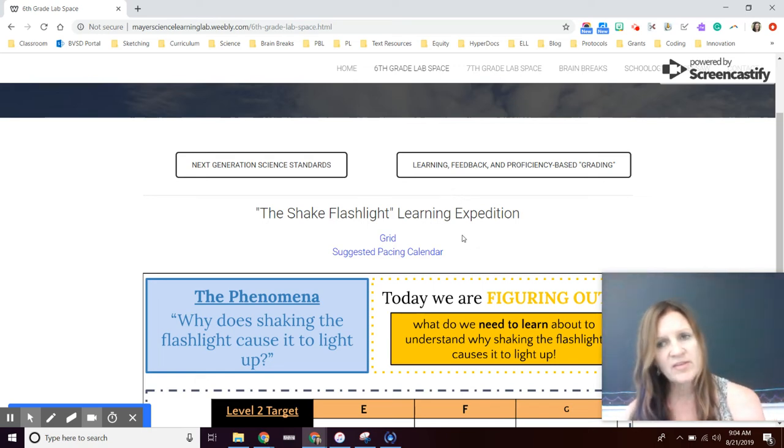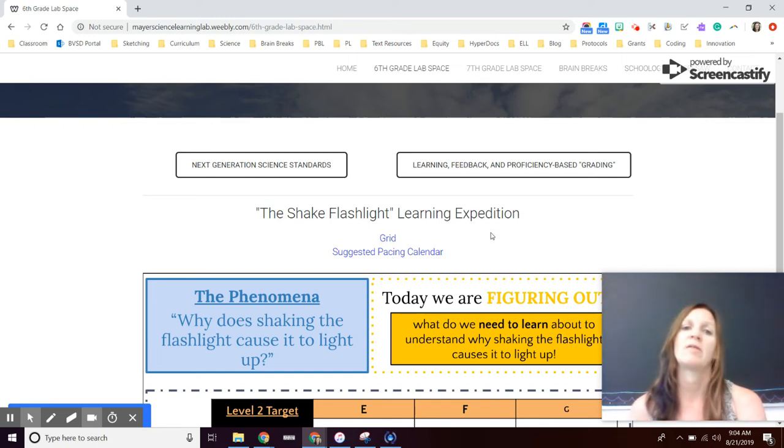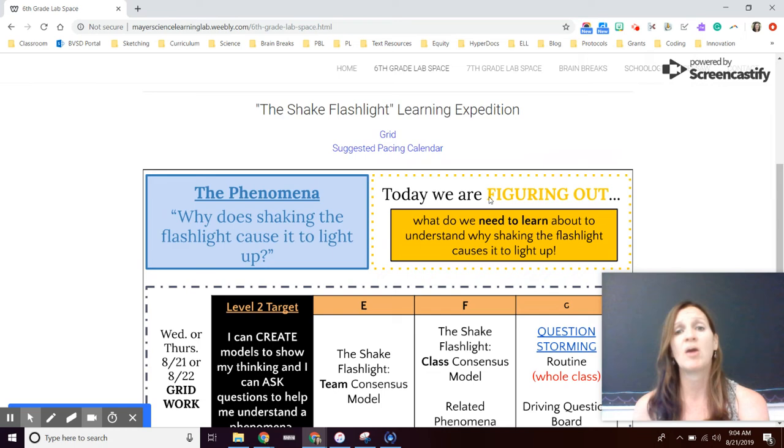So the next thing I want to point out on the lab space, and again, 7th grade lab space is going to have something very similar, is our learning expedition. Right now in 6th grade, we are in the middle of our Shake Flashlight learning expedition. Here you have a couple resources. We use something called a grid. This is a live link to help us stay organized and help kids know what they need to do and what's coming next.